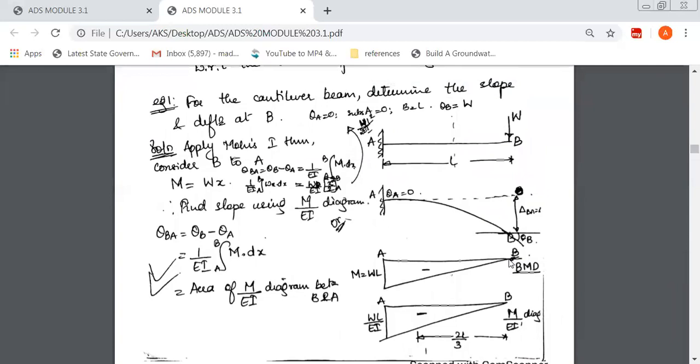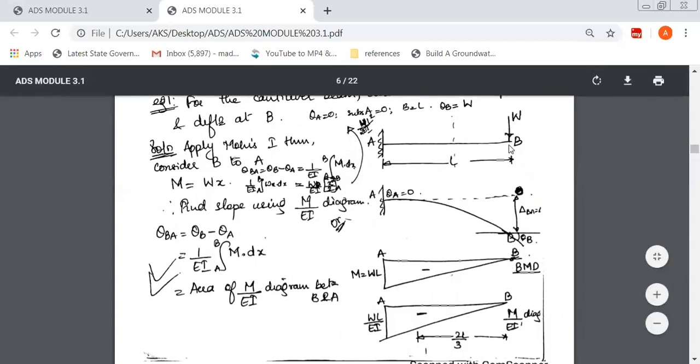Next, we have to show the bending moment at A. It is nothing but the force or load into its perpendicular distance, which will give the maximum ordinate here. I'm drawing it below the zero line because if you check to the right side of A, it becomes RHS.